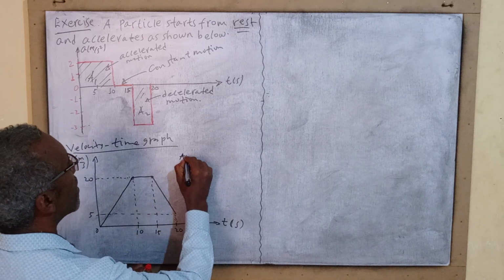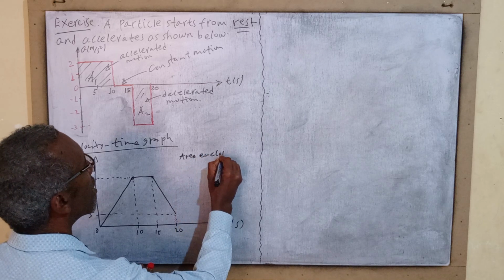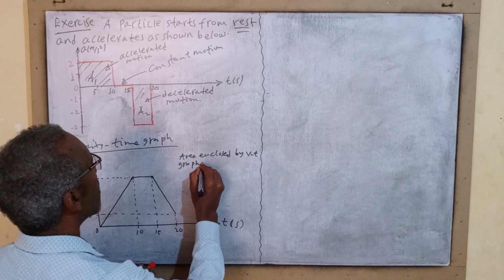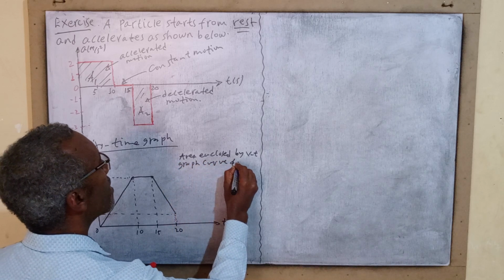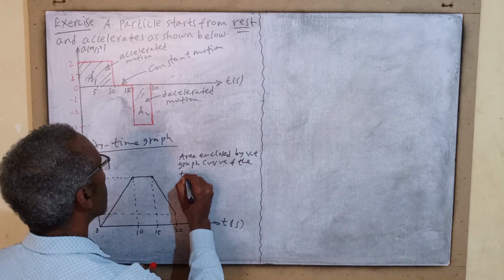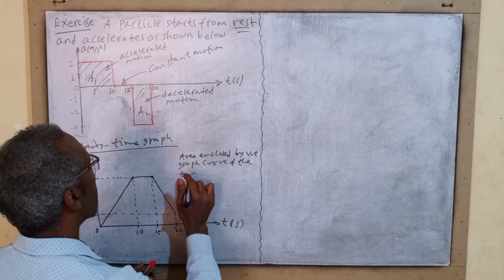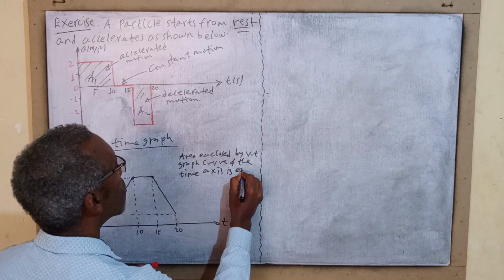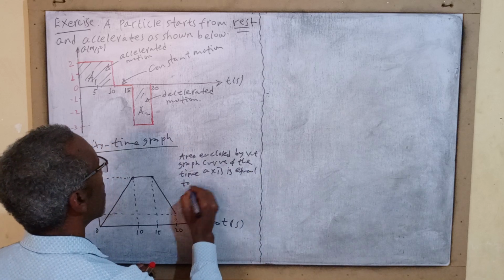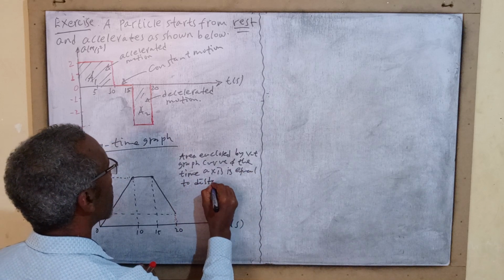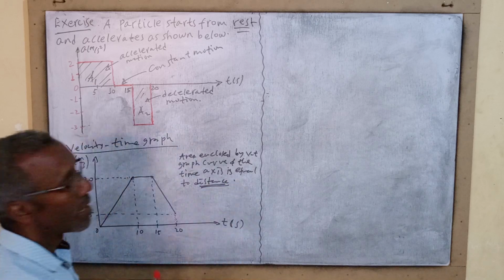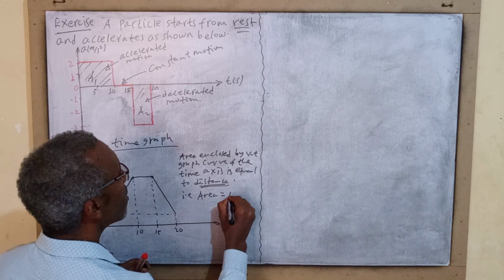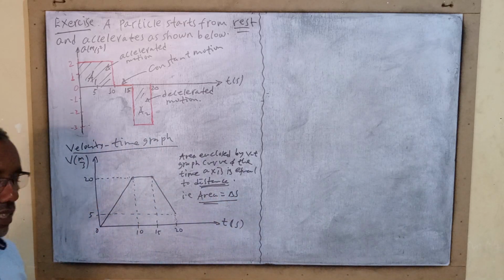The area enclosed by the velocity versus time graph curve and the time axis is equal to distance, that is, the area is equal to the distance traveled by the particle.